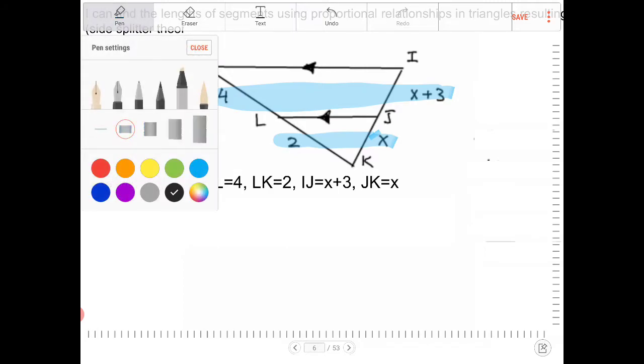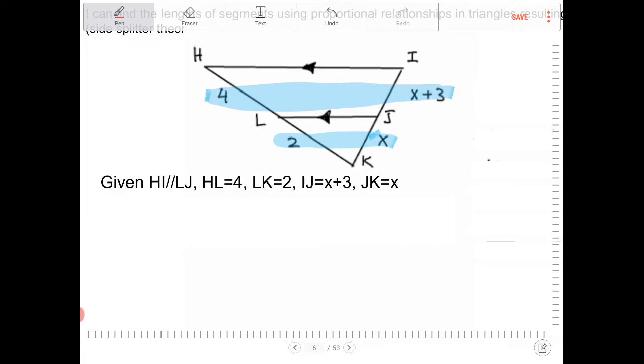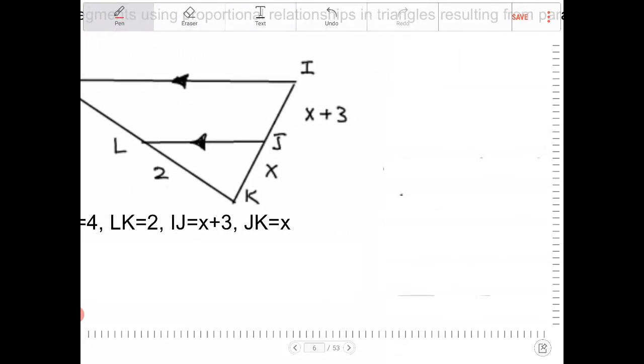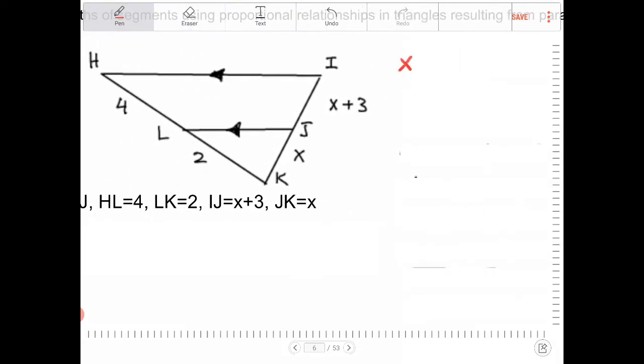I'm going to do this a little differently from what I had established, but you're going to see that it comes out the same. I want to set this up using x to x plus 3 is to 2 to 4. Our goal is to find all the various side lengths. Cross multiplying, I get 4x equals 2 times x plus 3.